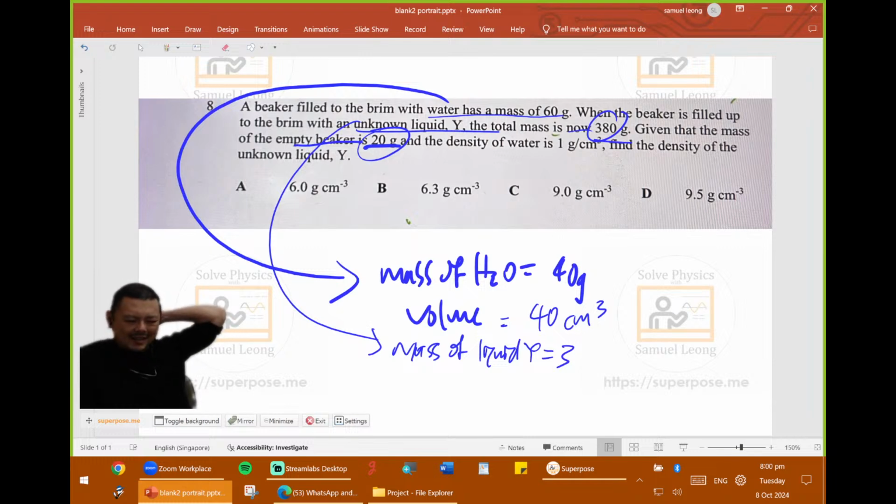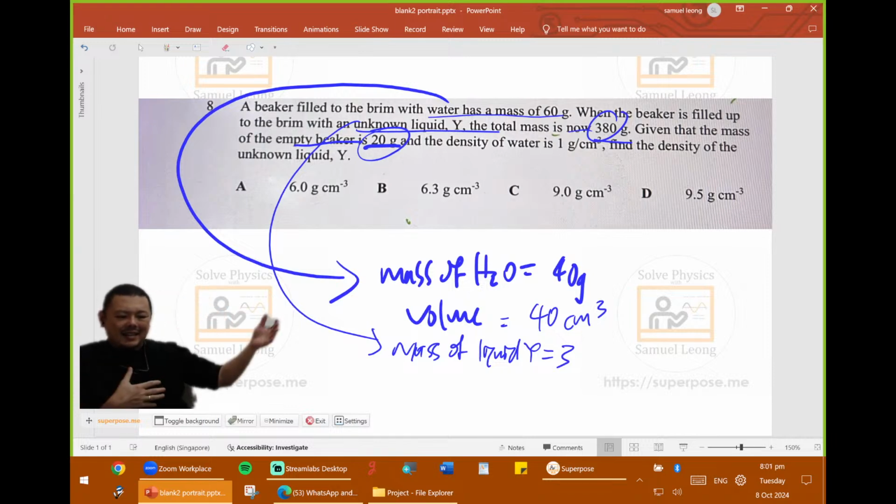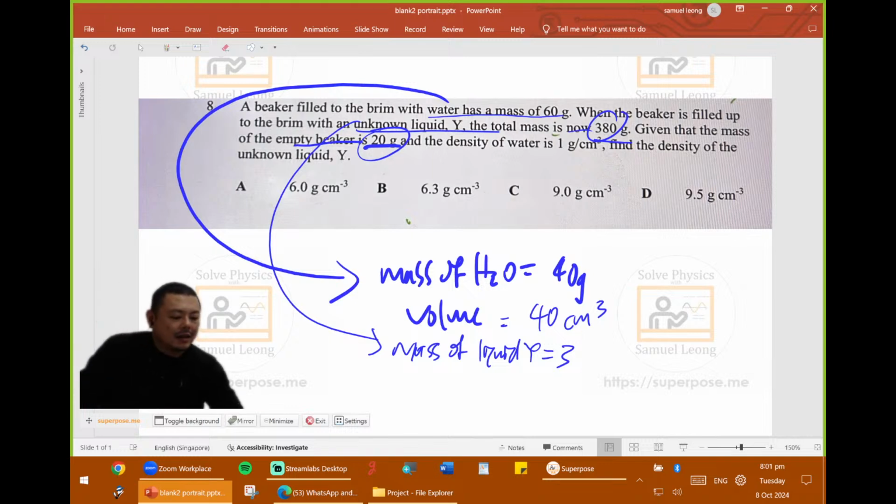Why do you minus 60? 60 is when you fill it up with water. 380 is when you fill it up with the other liquid. Did you think it was adding on? If you fill to the brim, you can't add on anymore. So unfortunately, you have to infer that it was a separate thing altogether. So the mass of liquid Y used was 360 grams.